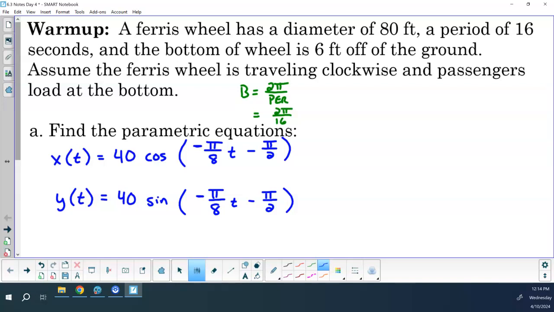The unit circle is counterclockwise. We're going clockwise, so that's why it's negative. Okay? Anything else that we need to add? X or Y?